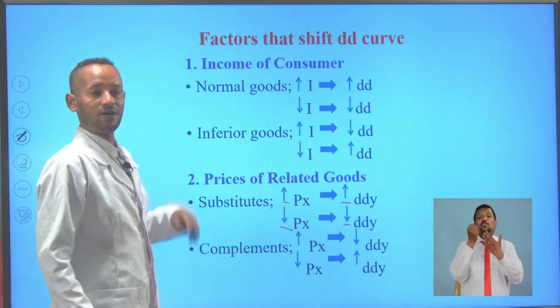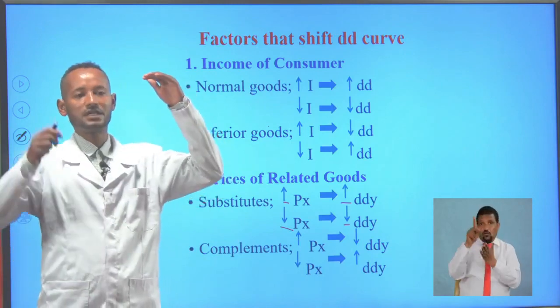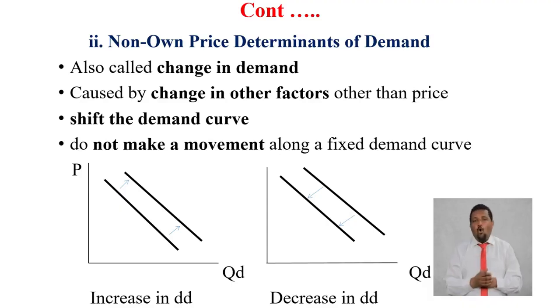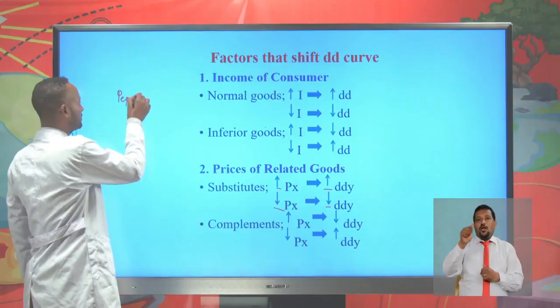If a rise in the price of one of the commodities increases the demand for the other, and a fall in the price of one decreases the demand for the other, then the two goods are considered substitutes. For example, Pepsi and Coca-Cola are substitutes.